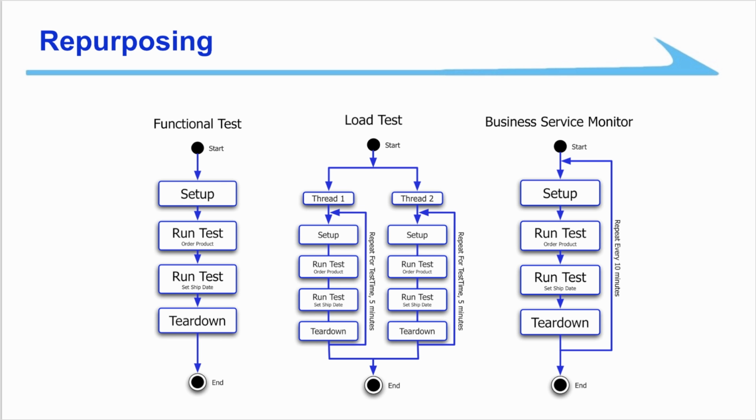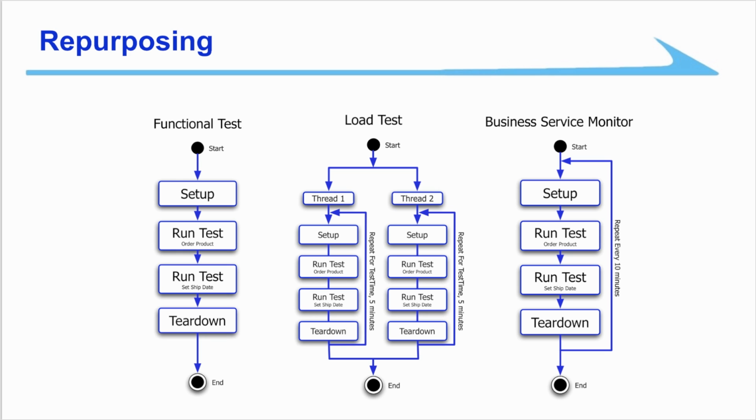So I mentioned before that it's really easy for the Appvance Performance Cloud product to repurpose a functional test to be a load test. And the way we do that is illustrated on this screen. So for functional testing, let's say you started a test, it had a simple setup method. Setup might be doing a database call to gather some login IDs and passwords.